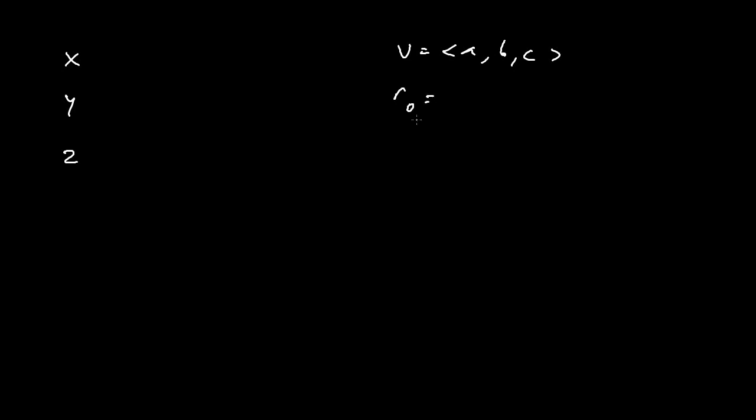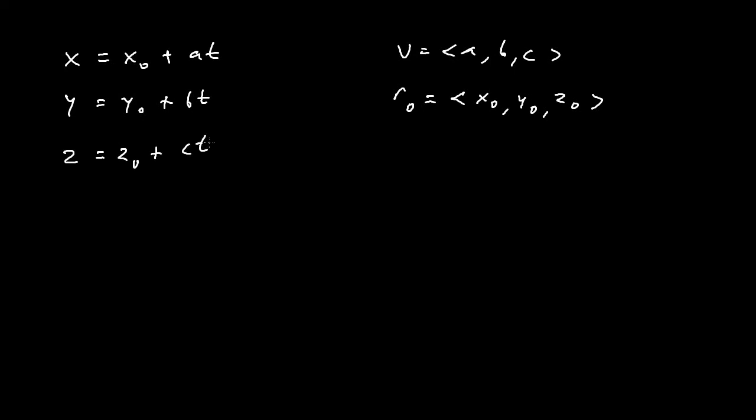And so that is going to be that point of intersection or a given point. So that will just be x naught, y naught, and z naught. So the x equation is going to be equal to x naught plus a times t. The y equation is y naught plus b times t. And the z equation is going to be equal to z naught plus c times t.